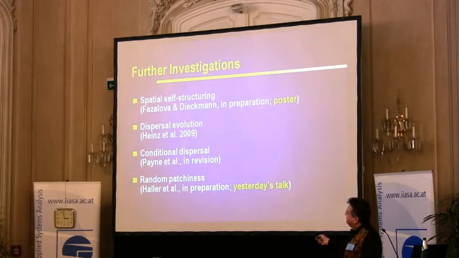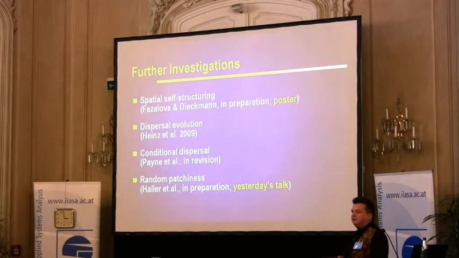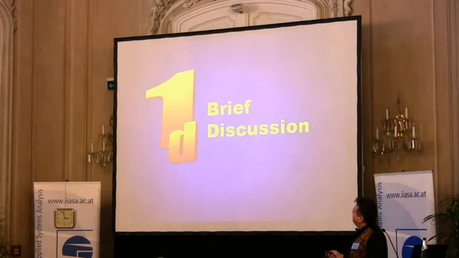We have conditional dispersal evolved in such models, and that also helps. And we have random patchiness, and you heard a little bit about that from Ben in his talk yesterday. So you can extend these models quite easily in all sorts of directions, and I don't have the time to go into that. Rather, I would like to run very quickly through a few discussion points.